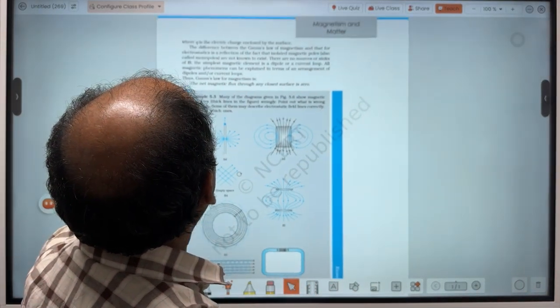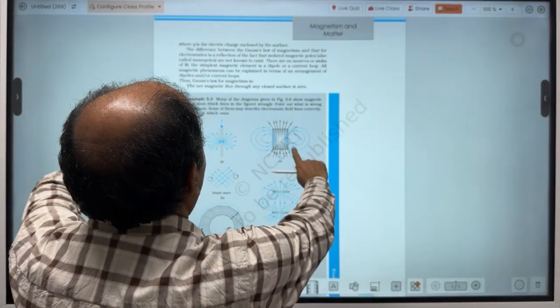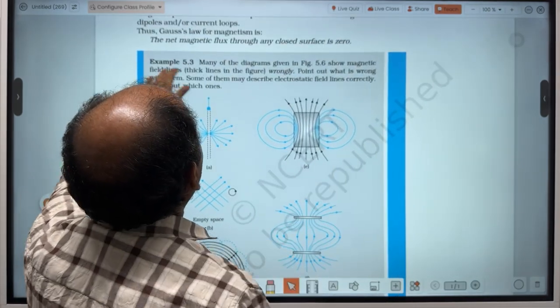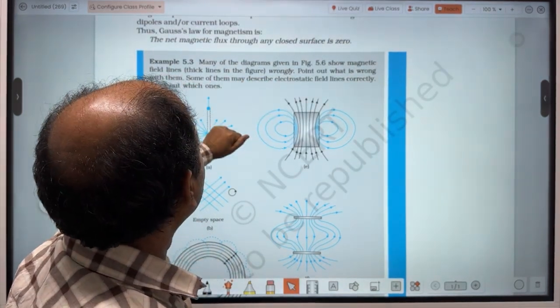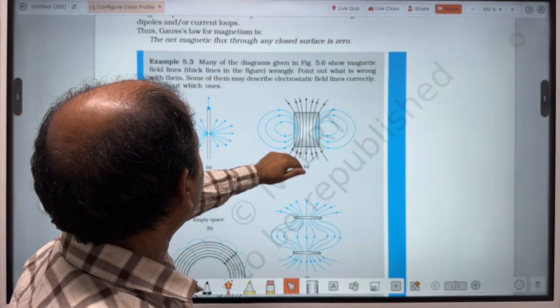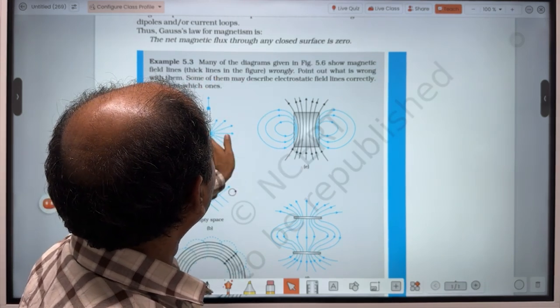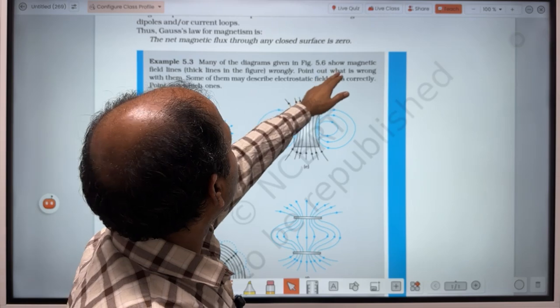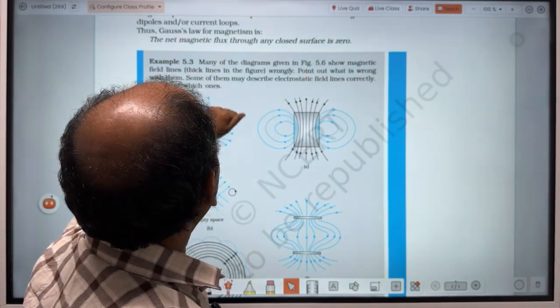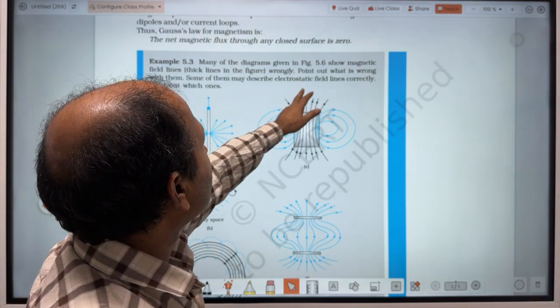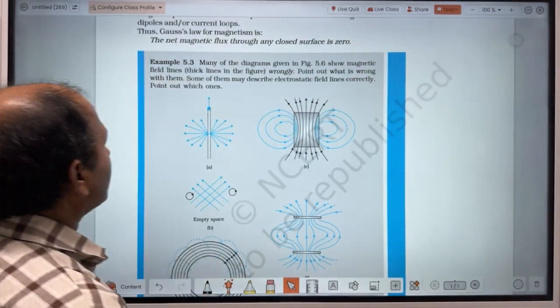Here, many of the diagrams given in the figure show magnetic field lines, the thick lines in the figure, right? Point out the wrong ones. Some of them may correctly describe electrostatic field lines, point out which ones.